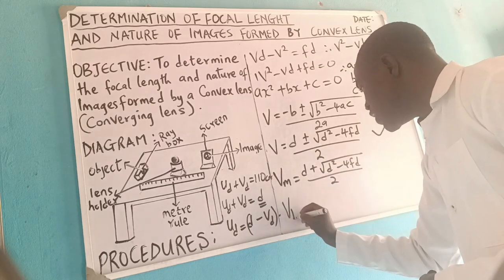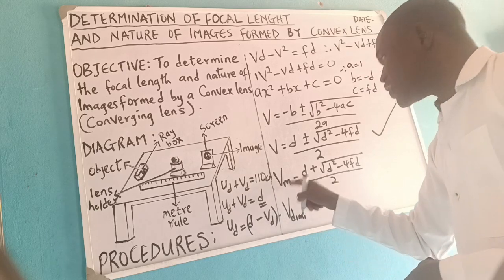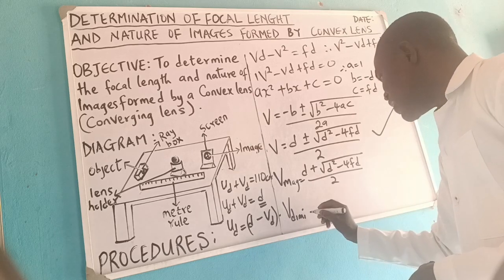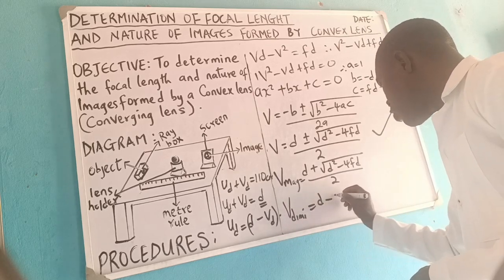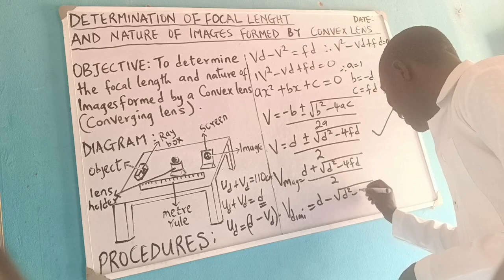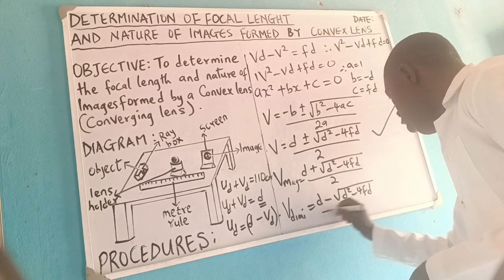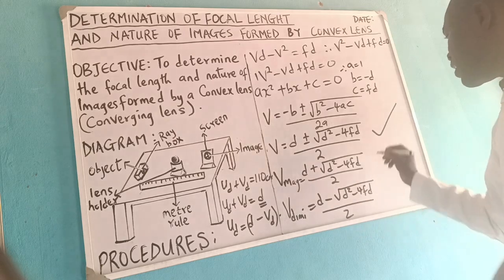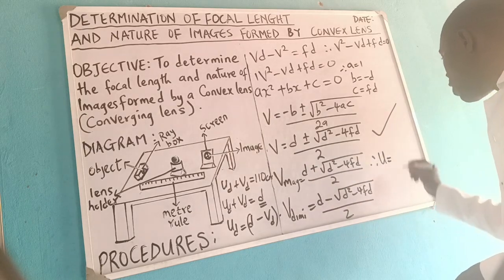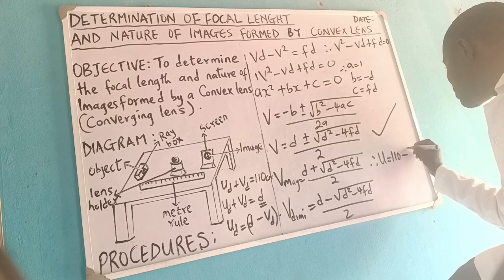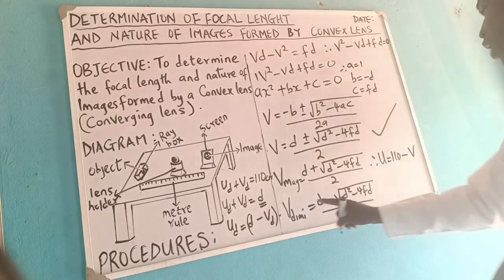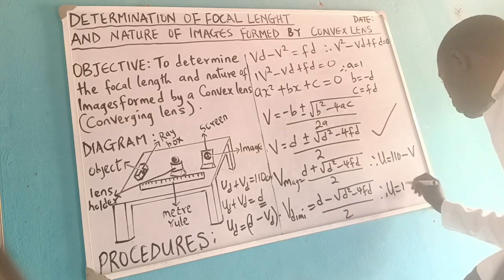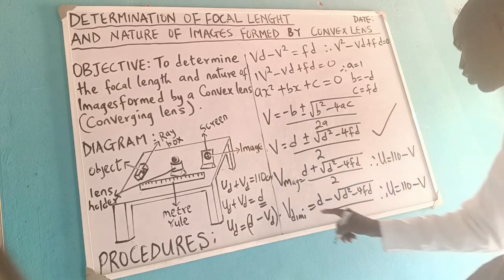And the diminished one equals d minus the square root of d squared minus 4fd all over 2. Once you are able to get your v here, your u will be equal to 110 minus the v you got here. Once you are able to get your v diminished, it means that the object distance will be equal to 110 minus the v got here.